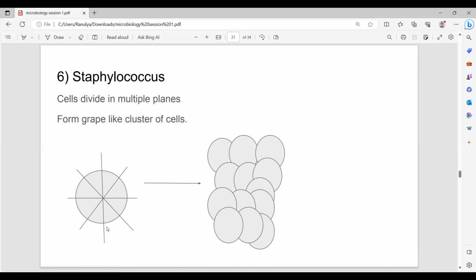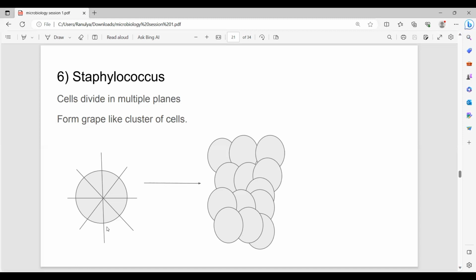Shall we move to next one? Now we learn about three basic shapes: coccus, bacillus, spiral. And we learn about different cell arrangements of coccus bacteria. When cells divide in one plane and divided cells detach from each other, it is called coccus or monococcus. If they remain attached in pairs, diplococcus.